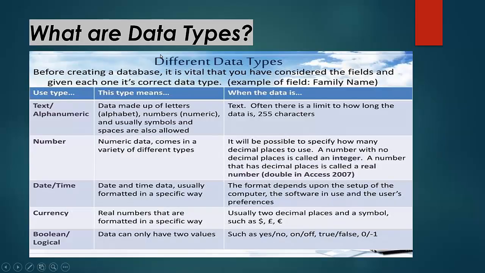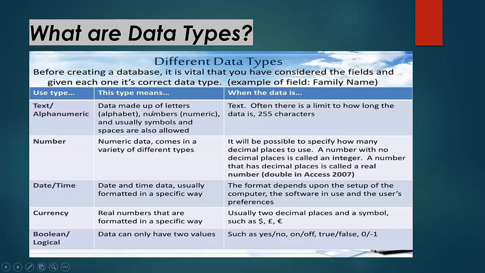So we also need to know what the data types are. Before creating the database, you have to consider that for the fields and the records that you are given, each one has the correct data type. We have the first data type, which is text, or alphanumeric.